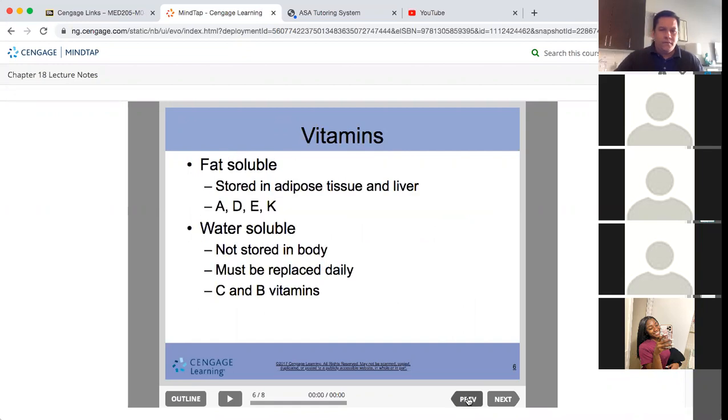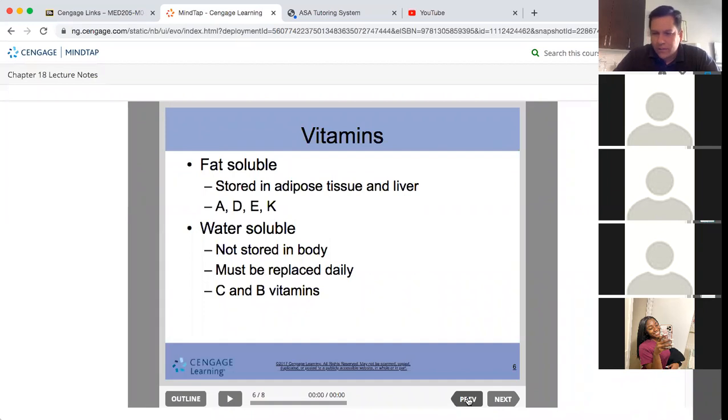Well, before going to medicinal herbals and supplements, let's take a look at the vitamins, their function and food sources, and the indication of deficiency and hypervitaminosis.